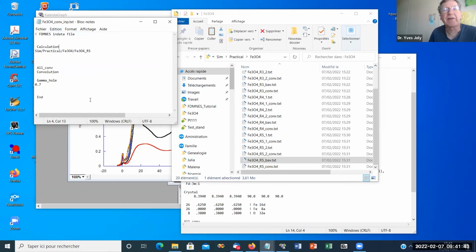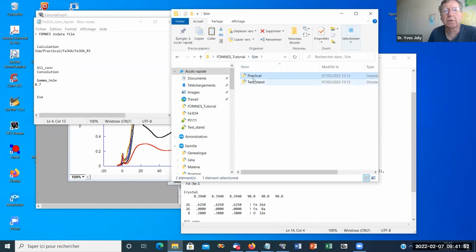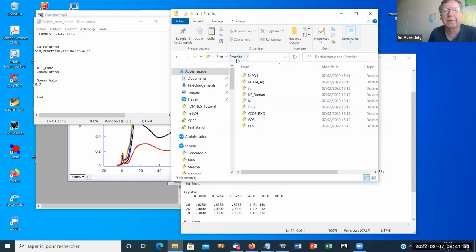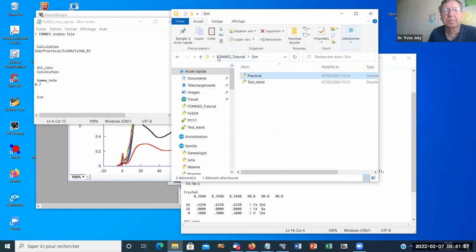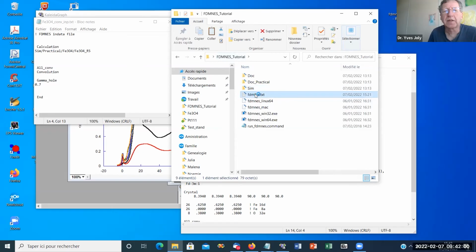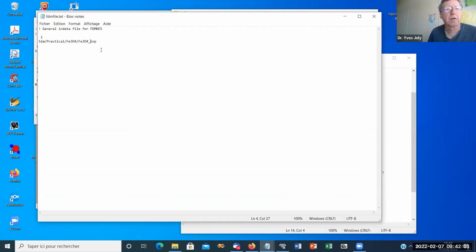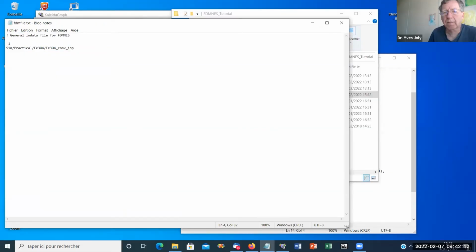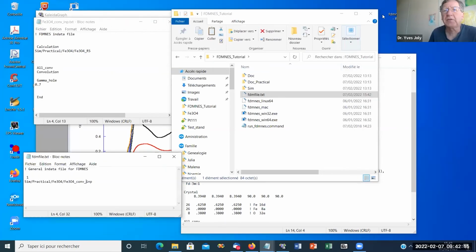So now it's another data file name, so I have to change. You remember in here. So now I run. Okay, it was very fast because the convolution is fast.